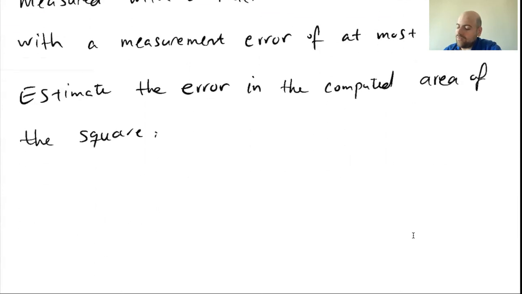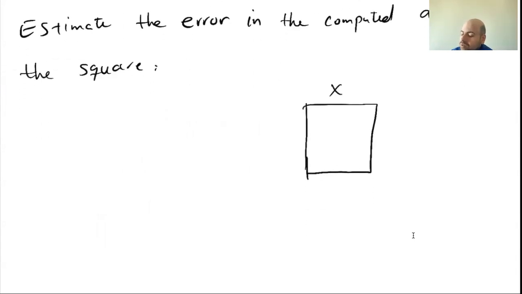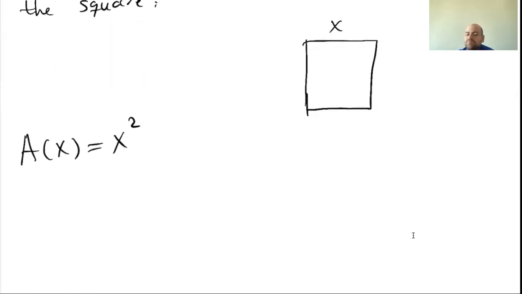So what is the formula for area of the square here? Let's say we have a square of side length x. And what will be the area formula? Area A of x will be equal to x squared, right? So what do we know?